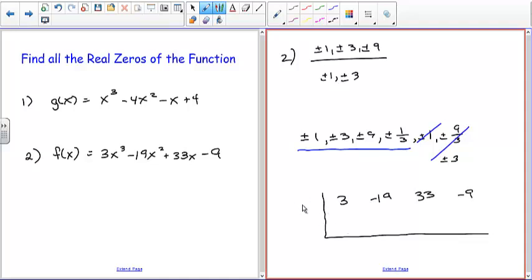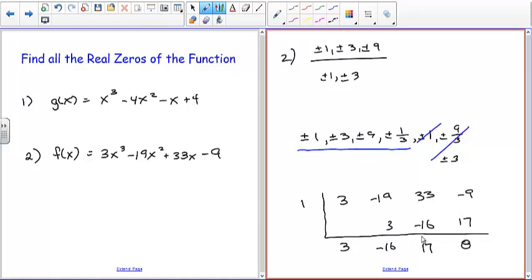Okay, so we're going to try positive 1. 3 times 1 is 3. Negative 19 plus 3 is negative 16. Negative 16 times 1 is negative 16. Add those together, you get 17. 33 minus 16 is 17. Then 1 times 17, and you get 8.